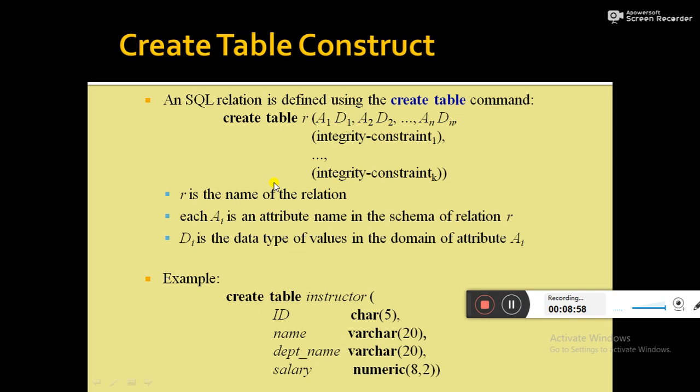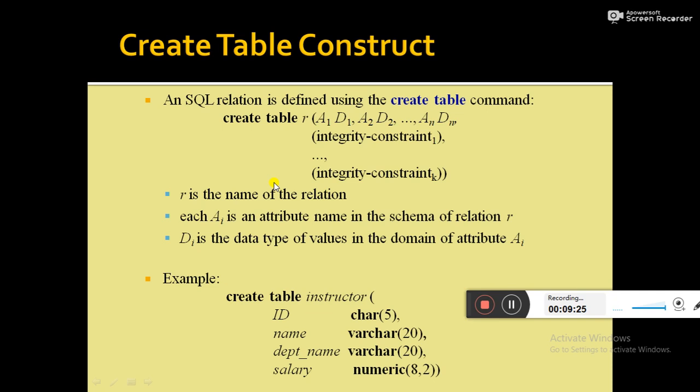In RDBMS, as I have already told, all the data and information are usually stored in tabular format, in tables or relations. And in RDBMS, a database is nothing but a collection of multiple tables or relations. So our first job is to create a table so that we can store our needed information.